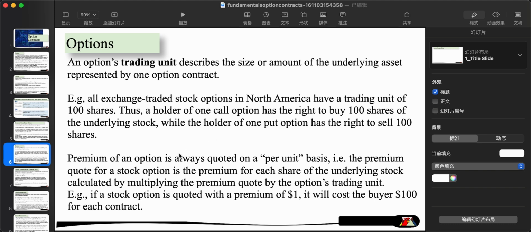The premium of an option is always quoted on a per unit basis. For example, the premium quote for a stock option is the premium for each share of the underlying stock, calculated by multiplying the premium quote by the option trading unit. So if a stock option is quoted with a premium of $1, it will cost the buyer $100 for each contract.